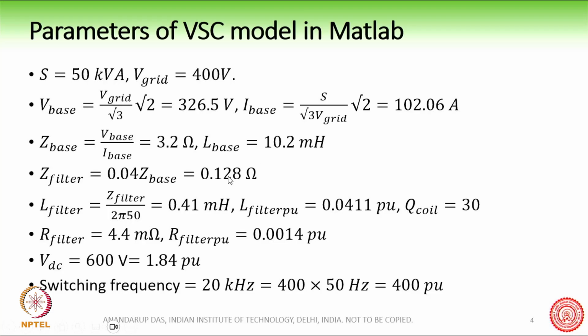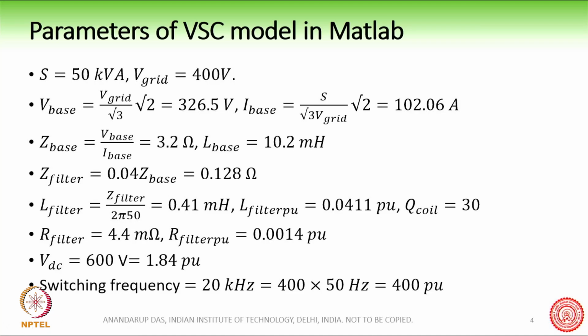We have taken about 4% filter impedance, with an L filter of 0.41 millihenry, and in per unit it is 0.04 per unit. The Q of the coil is 30, and so this is the per unit resistance of the filter. The DC bus is 600 volt, and the switching frequency we have taken is 20 kilohertz.